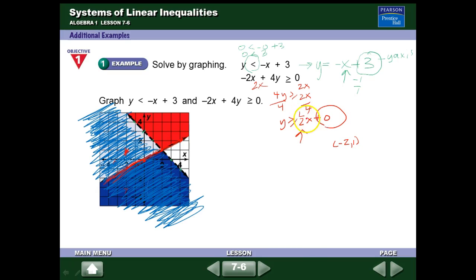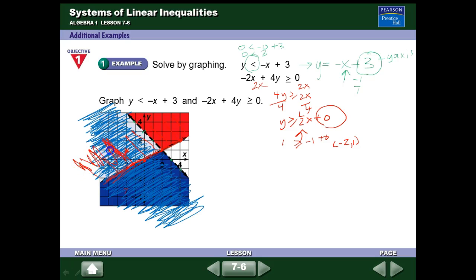Plug in -2 here. 1/2 times -2 is going to give me a -1 plus 0, and I'm going to get 1. Is 1 greater than or equal to -1? Yes, it is. So that is true. So that means this is a solution.